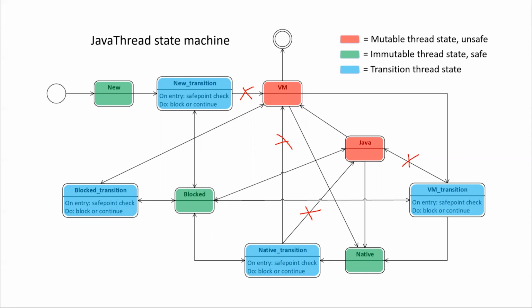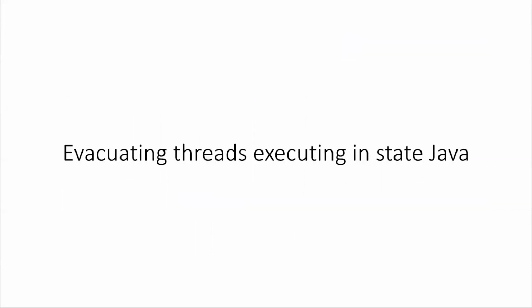Things are different for threads running in state Java, though. We cannot afford waiting for threads in state Java to transition out of their own accord, like we do for state VM. A thread could, for example, be executing an infinite loop, which is perfectly legal. In that case, the JVM would never reach a Safepoint.